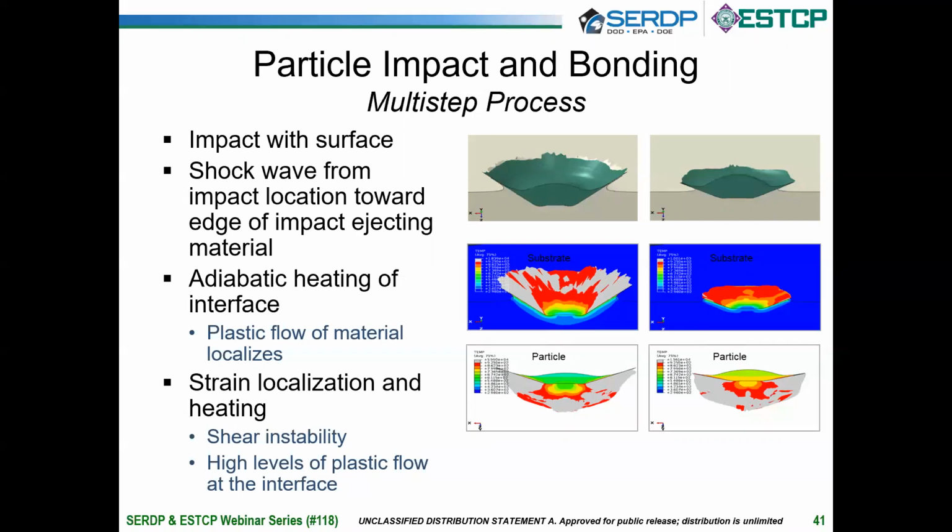So we plastically deform. As you can see in the images here, you see a lot of plastic deformation right at the interface between the particle and the substrate. That tends to localize. Due to that heating, you get more and more plastic flow at that interface, and the combination of the ejection of material from the interface and then those high levels of plastic flow give us the bonding that we're looking for, which is a cold welded bond.